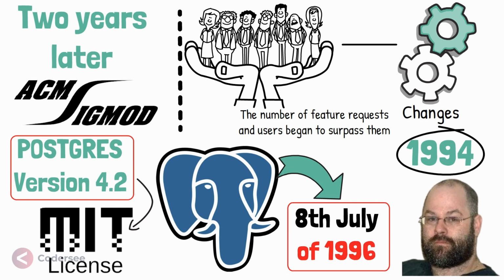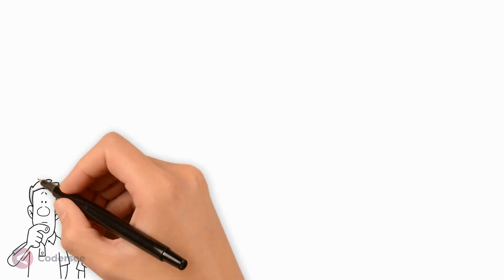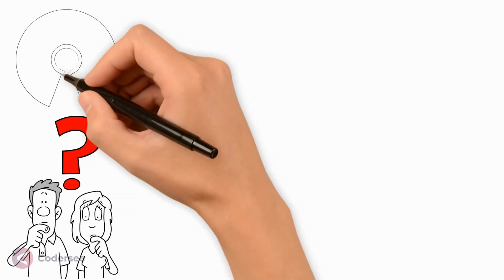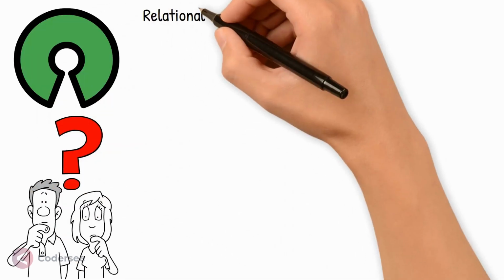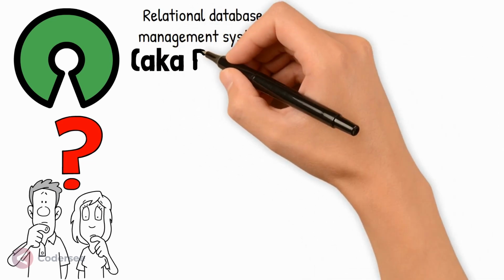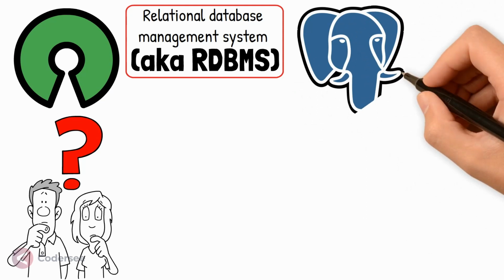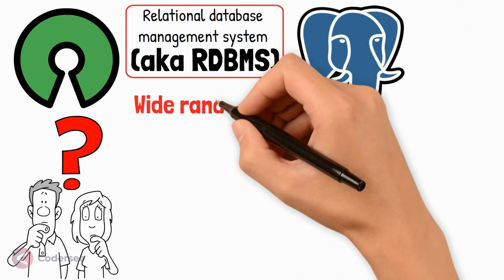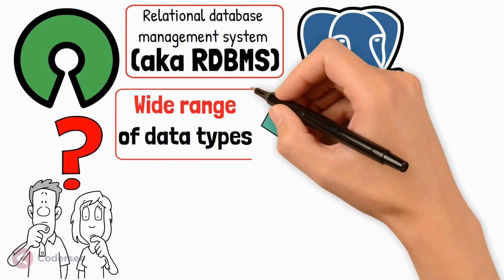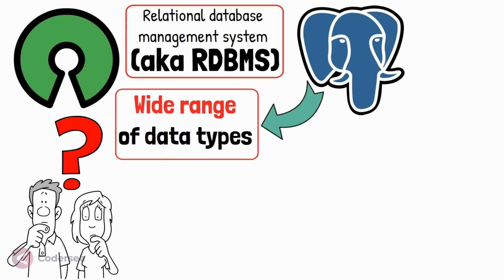Okay, so with that behind us, let's answer the question, what is PostgreSQL? Well, it's an open source relational database management system, aka RDBMS. One of the key features of PostgreSQL is its support for a wide range of data types. Moreover, it also supports data types for special purposes like arrays, JSON, and XML.